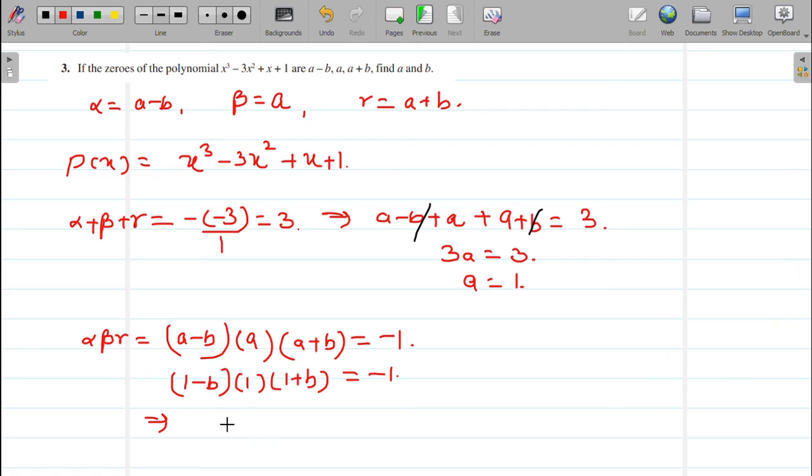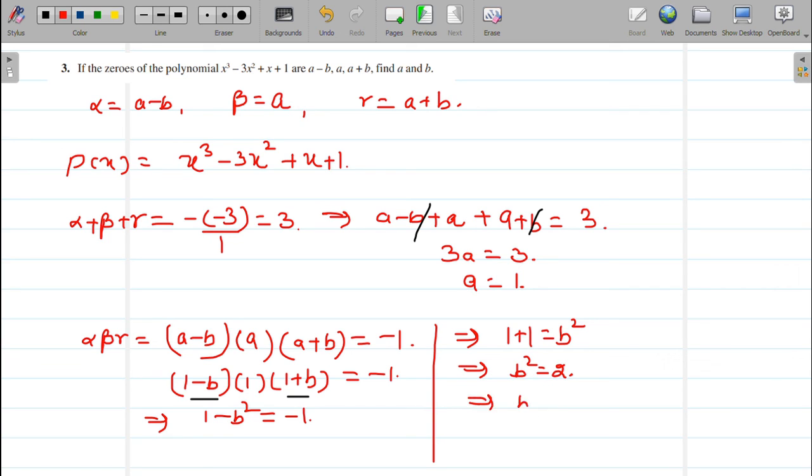This implies 1 minus b square. Using the identity, 1 minus b into 1 plus b will give me 1 minus b square is equal to minus 1, which will further imply that 1 plus 1 is equal to b square, so b square is equal to 2. This implies b is equal to plus minus root 2. So these are the two required values of a and b.